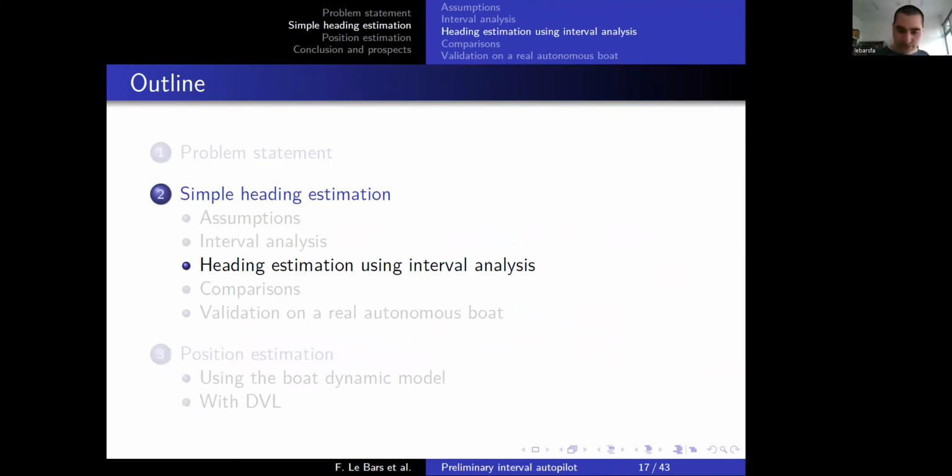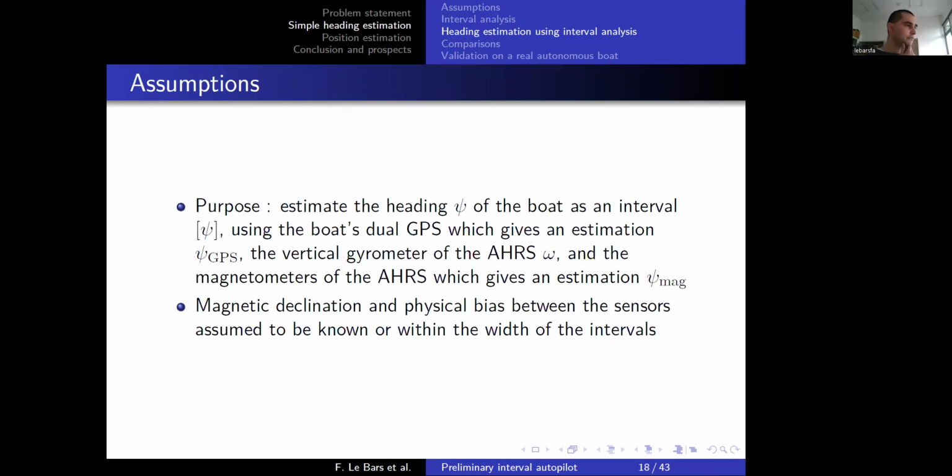So let's talk about how we can make a heading estimation with the assumption I made. What we want is to estimate the heading psi of, for example, a boat as an interval using the dual GPS, the vertical gyrometer, which gives us a rotation speed omega, and if needed, also the magnetometers.